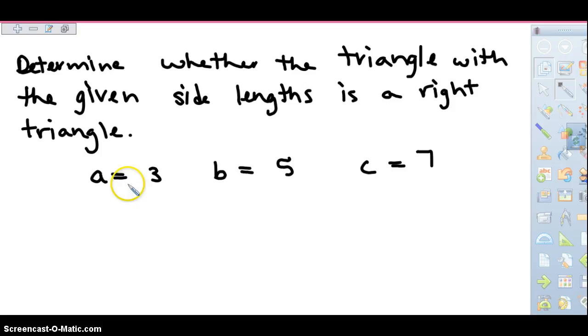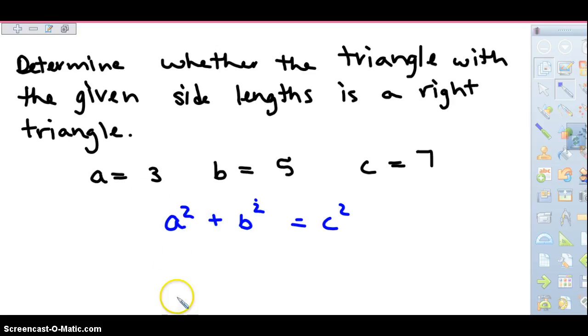Determine whether the triangle with the given side lengths is a right triangle. So remember we said that the Pythagorean theorem only works with right triangles. So if the Pythagorean theorem says that A squared plus B squared equals C squared, that means that for this triangle to be a right triangle, it has to make the Pythagorean theorem true.